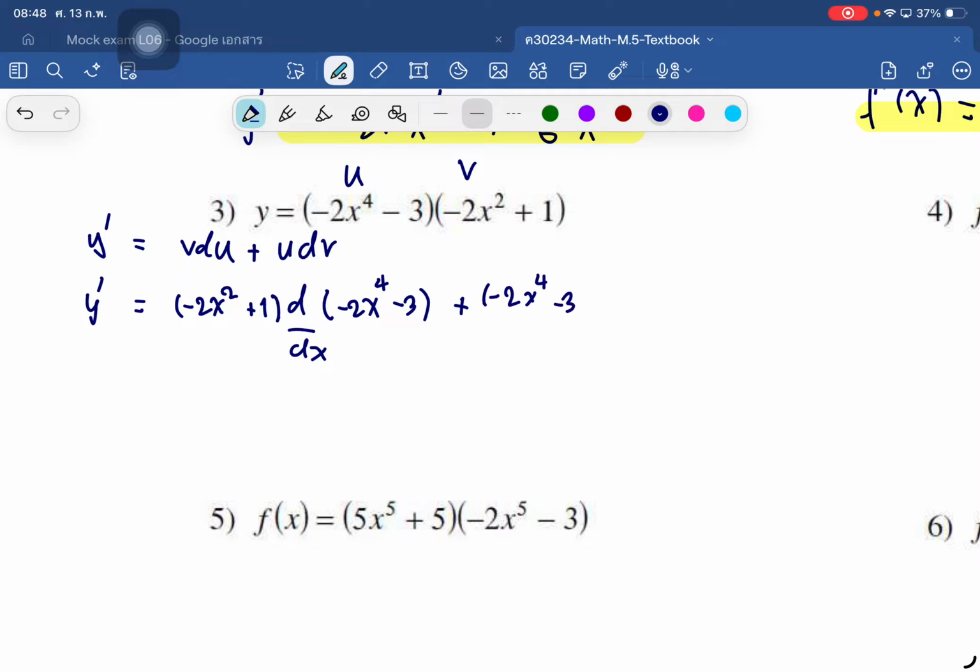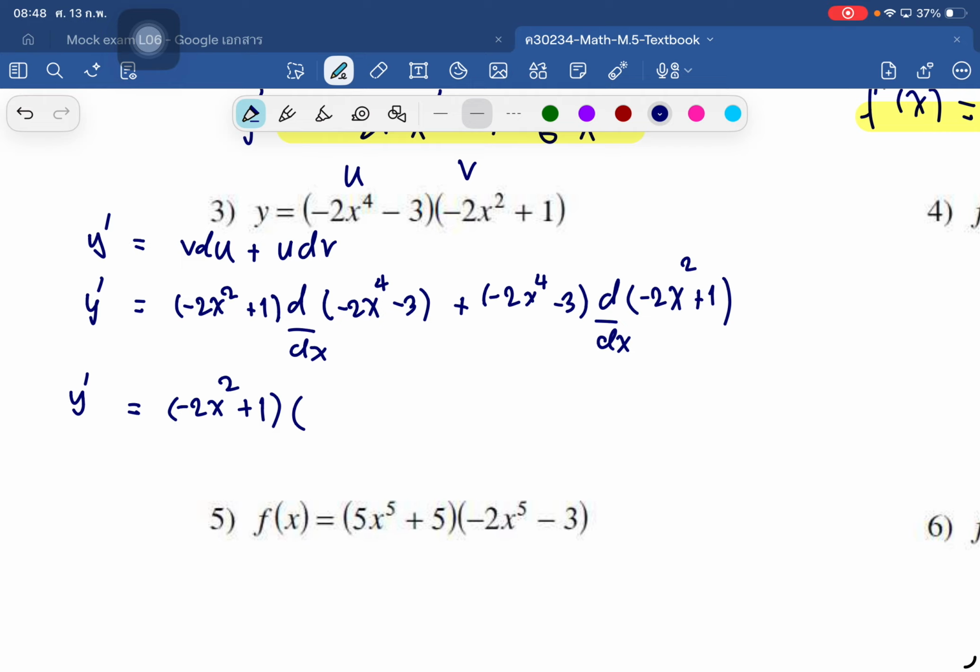Just differentiate one time, first order, you get 2x plus 0, right? And also this side you get x squared plus 1. And then differentiating this term, you get 8x to the power of 3. Right? Then we multiply them.